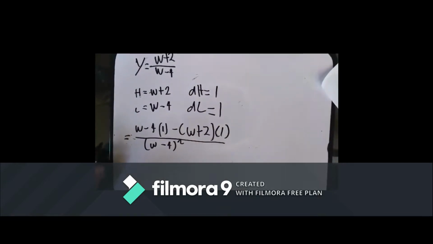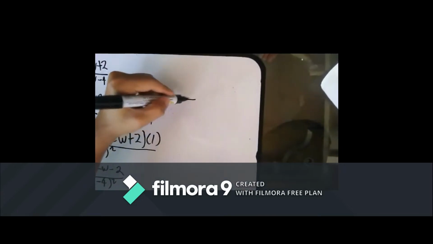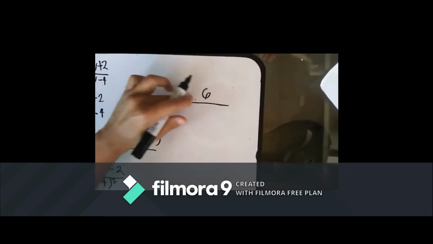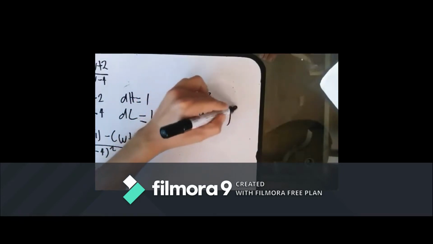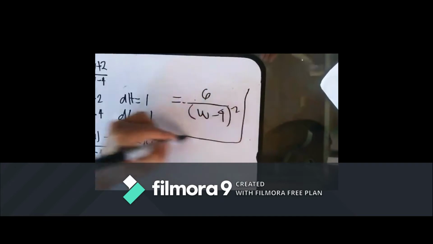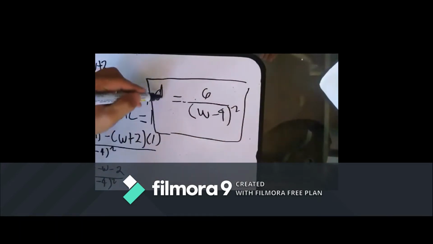After that, let's simplify. w minus 4 minus w minus 2 all over w minus 4 squared. And now let's combine it. We'll get the answer of negative 6 over w minus 4 squared. That is dy over dx.